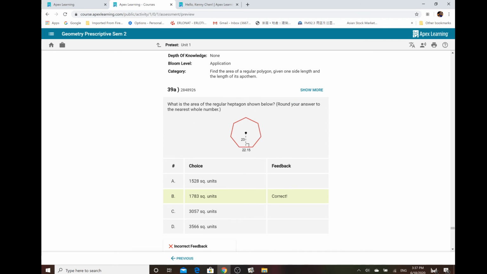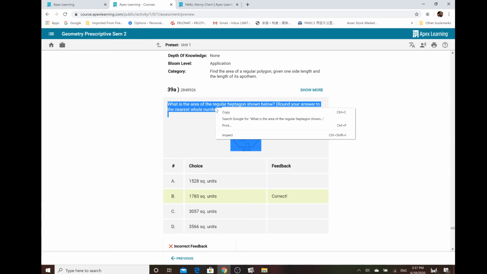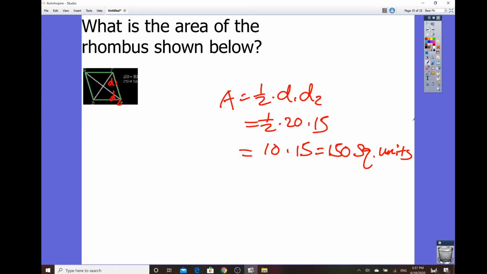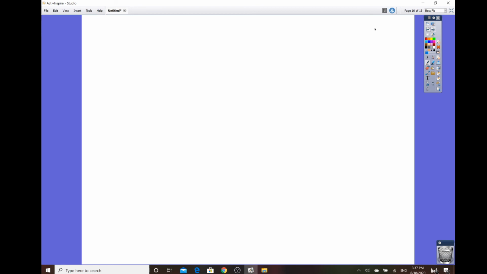Okay, so let's see. Once again, I want to copy down the whole thing here, if that's possible. It doesn't allow me to do that, so let me just copy the instruction first. Okay, again, copy and paste.